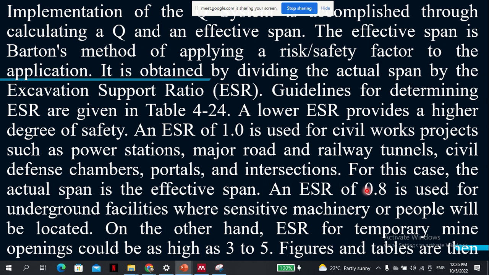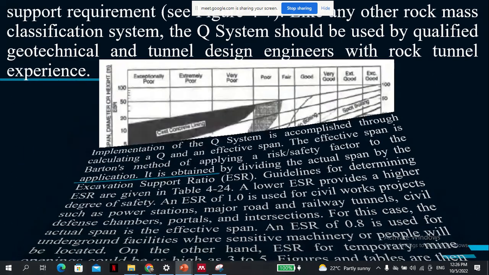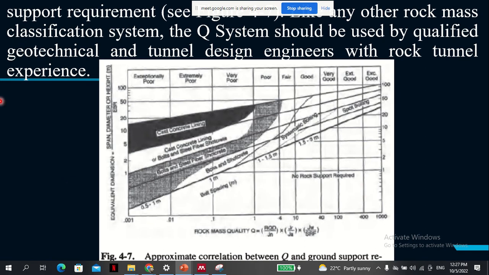Figures and tables are then provided, of course. This is the nature of engineering. So this is the figure that we're talking about. This is the span or distance over the excavation support ratio, and this is the rock mass quality based on the Q system, and the kind of support you need, and whether the rock is poor or extremely poor, and the effective span that you can use.